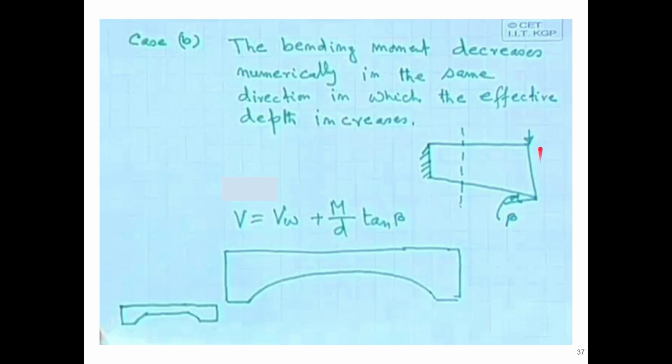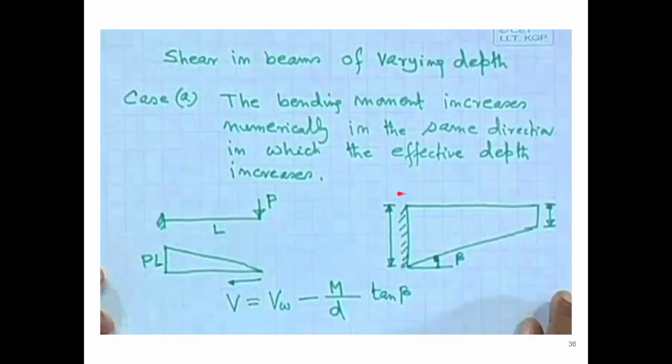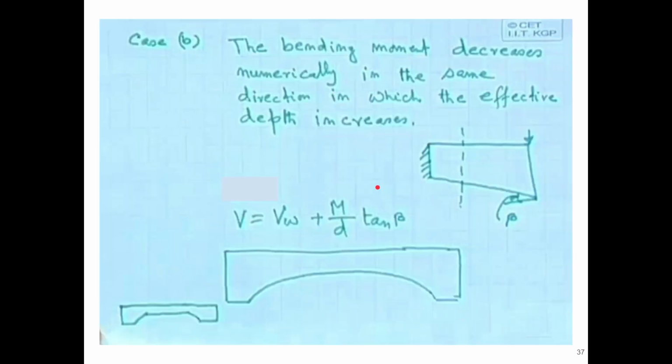Or you can say the condition in which the bending moment increases and the effective depth decreases. Here, bending moment and effective depth are both increasing together in the same direction, and there, bending moment is increasing but effective depth is decreasing. In that opposite condition, the V value will increase.